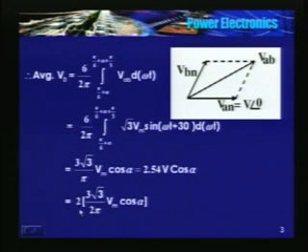This is also equal to 2 times the expression we found for the output voltage of a 3-pulse converter. So the average output voltage for a 6-pulse converter is twice that of the 3-pulse converter.